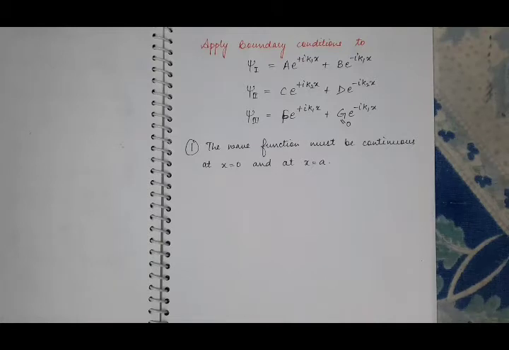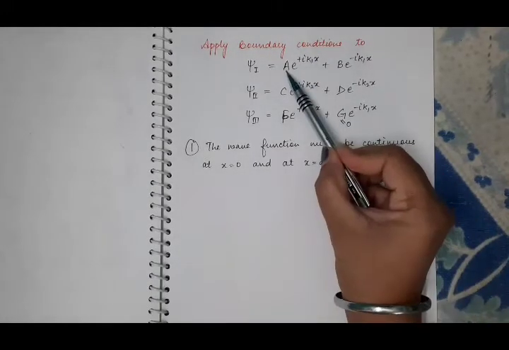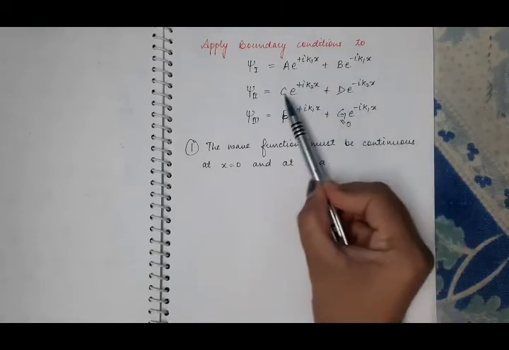And the second boundary condition is that the first derivative of the wave function, that is d psi by dx, must also be continuous at the boundaries, that is at x is equal to 0 and at x is equal to a. And then from these boundary conditions, we will derive the values of these amplitudes a, b, c, d, f.